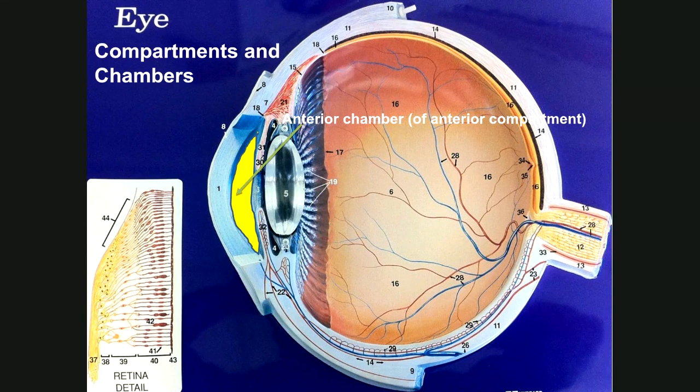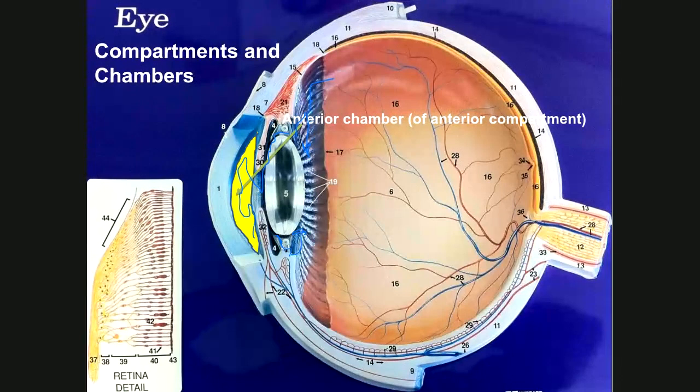And we're constantly making it, and we're constantly draining it off. So it's made by this structure right here, this black structure you see. We'll talk about it more in a minute. But it's made, and it's going to go through here. It's going to circulate. And then see this little vein right here?